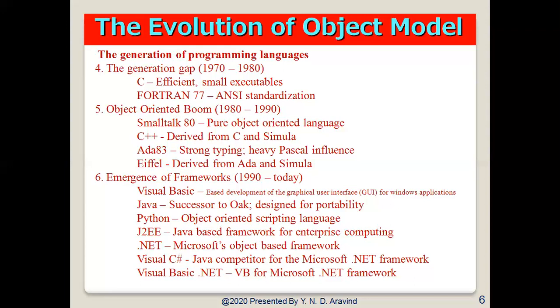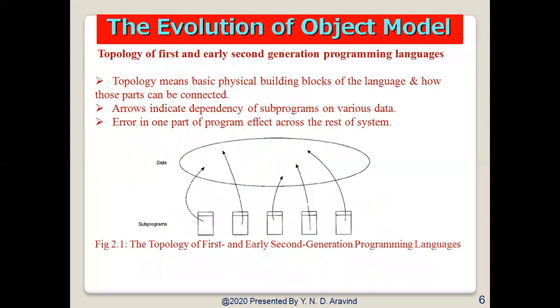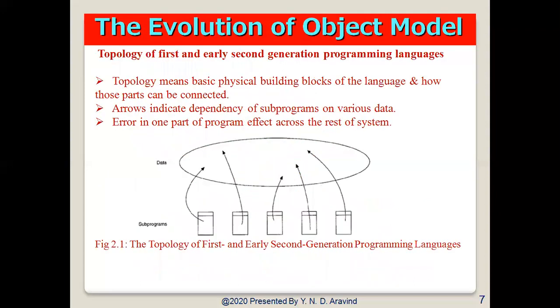Now, let us go to the next slide. Here, let us consider the structure of each generation of programming languages. In this figure, we see the topology of most first and early second generation programming languages. By topology, we mean the basic physical building blocks of the language and how those parts can be connected.